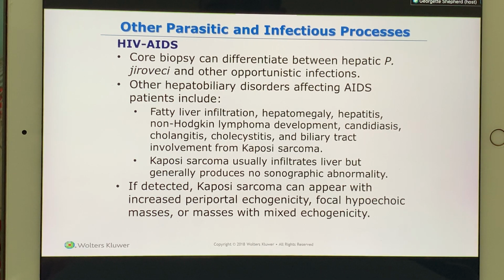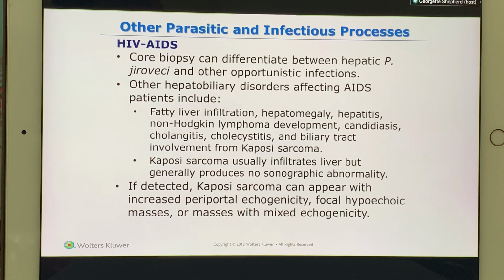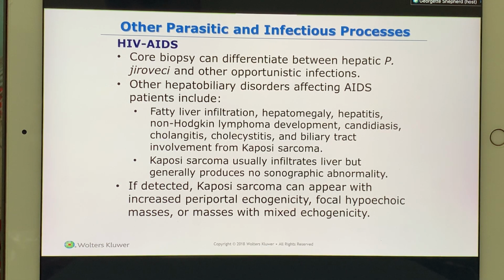If they're going to do a core biopsy, they do that under ultrasound guidance. Some radiology departments will use CT along with ultrasound, so that they can get a better idea of how to do that large core biopsy, because you can have other diseases that go along with AIDS, such as fatty liver infiltration, hepatomegaly, hepatitis, lymphoma.